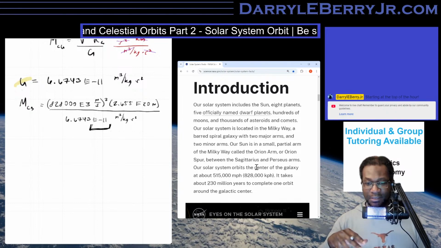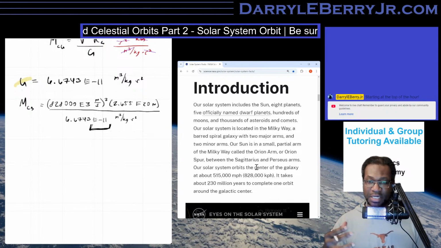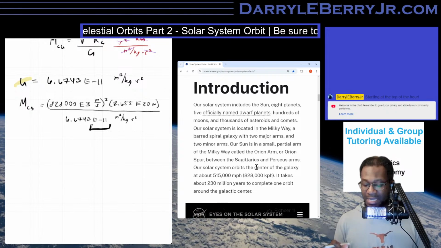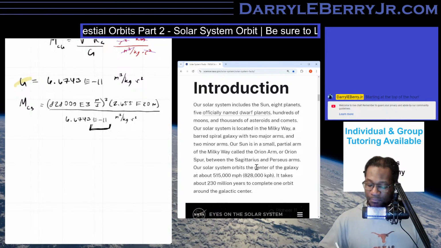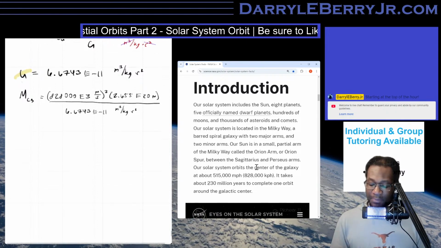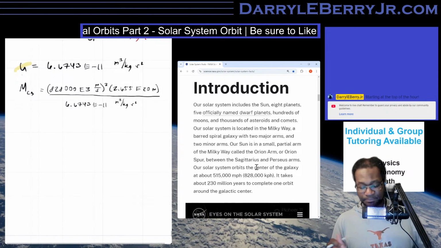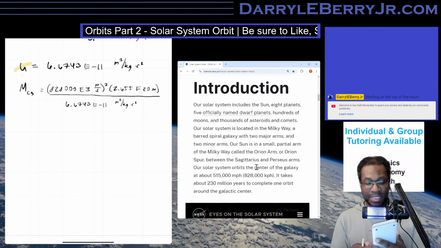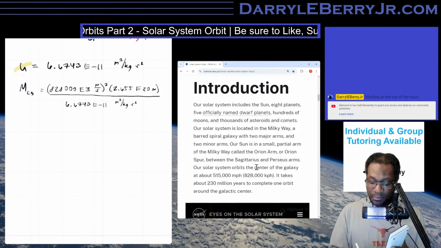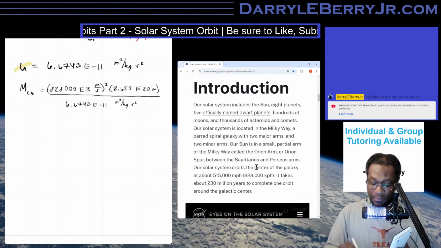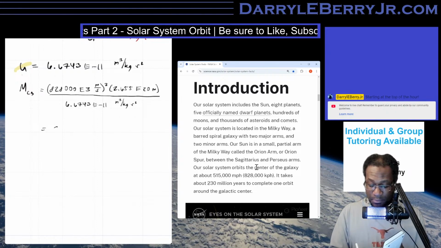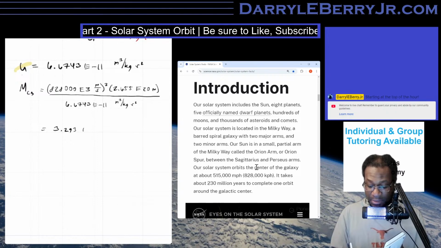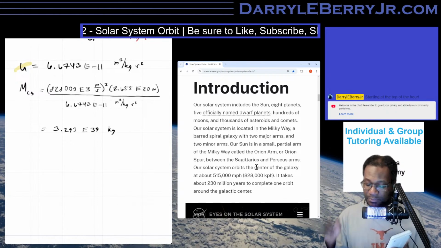The size of the constant dictates how much impact the force has. And this comes out to be 3.293 times 10 to the 39 kilograms.